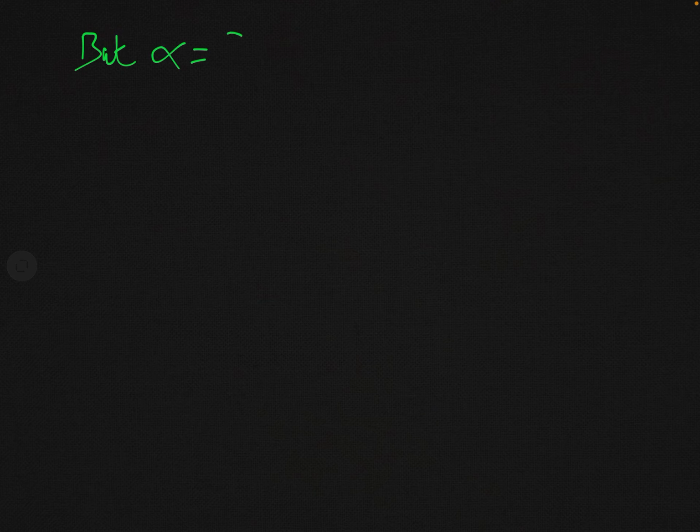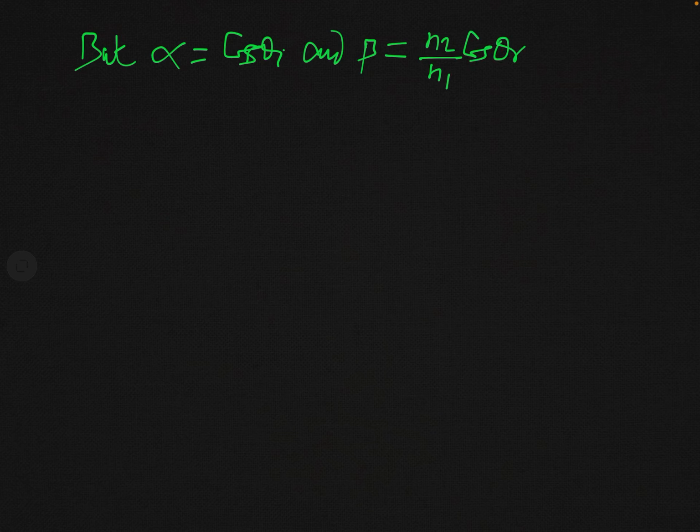Now we have assumed the values of cos theta I and n2 over n1 cos theta r in terms of alpha and beta. So alpha is equal to cos theta I, and beta is equal to n2 over n1 cos theta r, and beta prime is equal to n1 by n2 cos theta r.